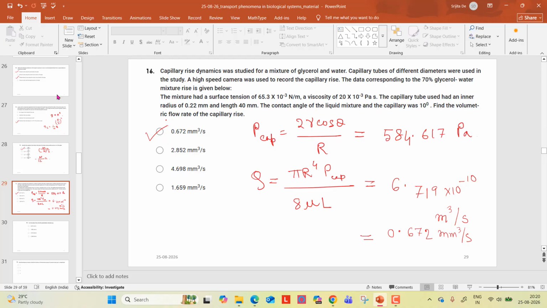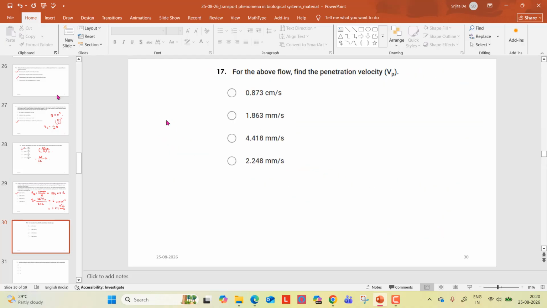Next. For the above one, calculate the Vp. So penetration velocity Vp is your Q by pi r square. So Q we know, it is simply 0.672 divided by pi into 0.22.